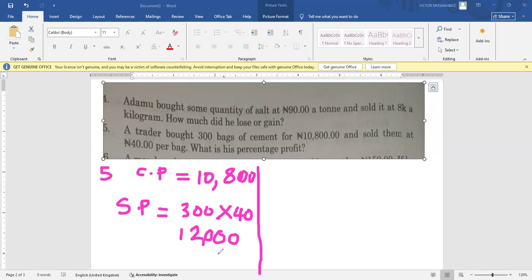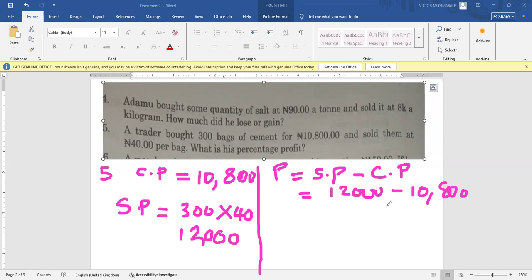Of course, this is a huge profit. It's a good profit. Our selling price is bigger than cost price, so we have a profit. Selling price minus cost price is our profit. So what it means is that I'll be having 12,000 minus 10,800.